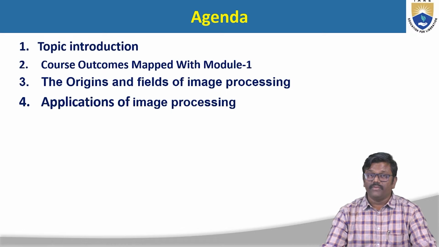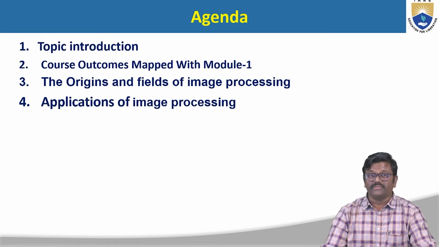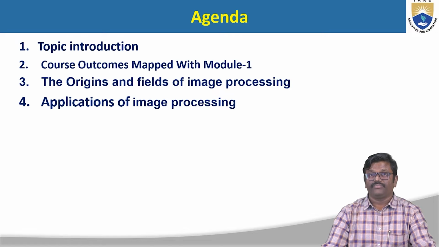As we discussed in the previous class, there we discussed the detailed module 1 syllabus. From that syllabus, the first topic is what we are going to discuss right now: the origins and fields of image processing, one of the topics from module 1. That is the third point in today's agenda.